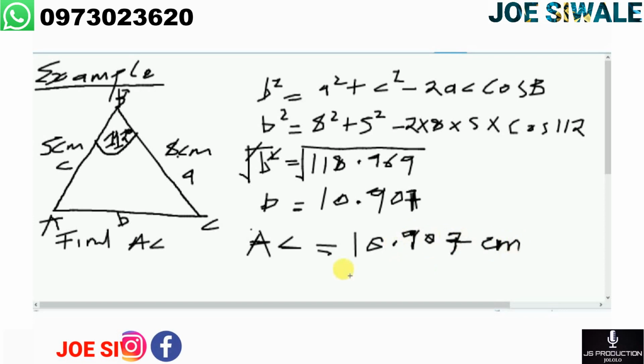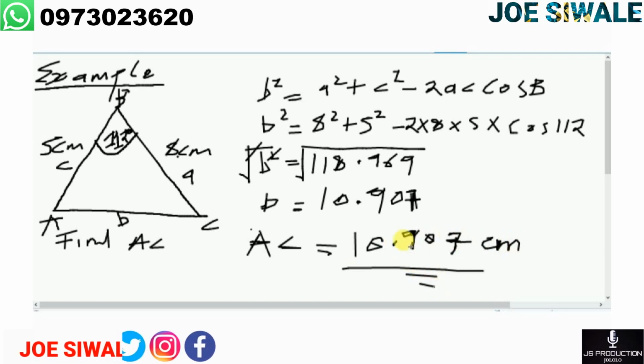So this is the length of AC using the cosine rule. And remember that we had two sides and an angle, and we were supposed to calculate this length here.